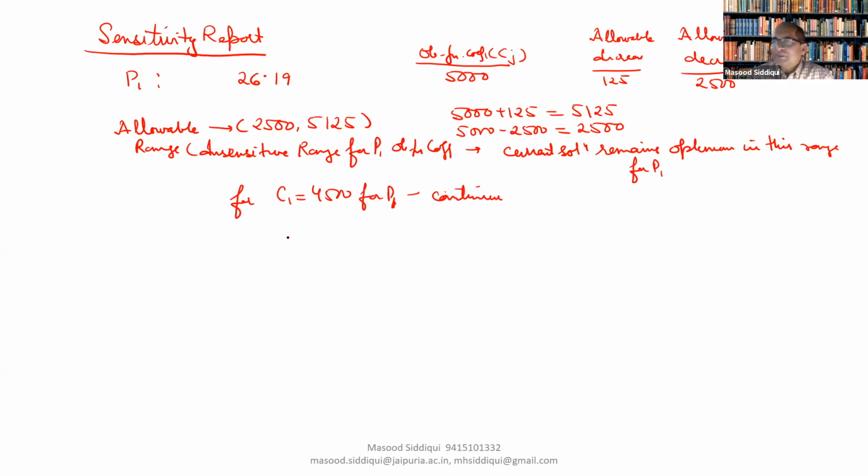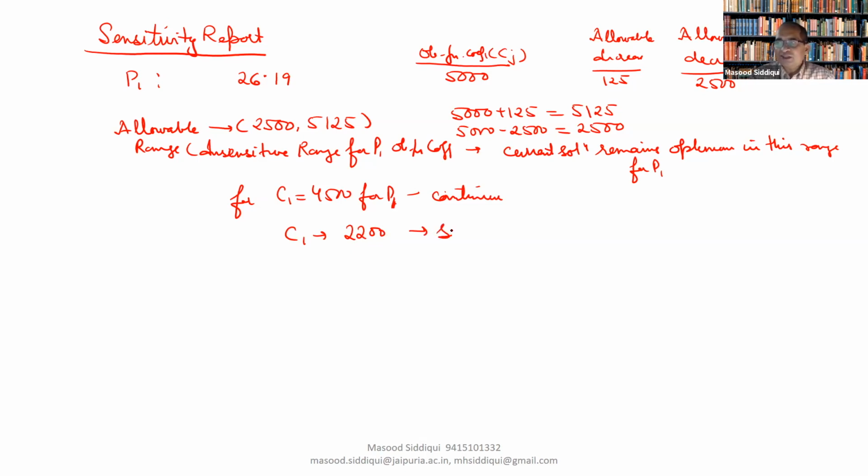But suppose the profit for product one goes below 2,500. Suppose the new profit is 2,200 for product one. Then it goes beyond the allowable range. It is not in the allowable range.